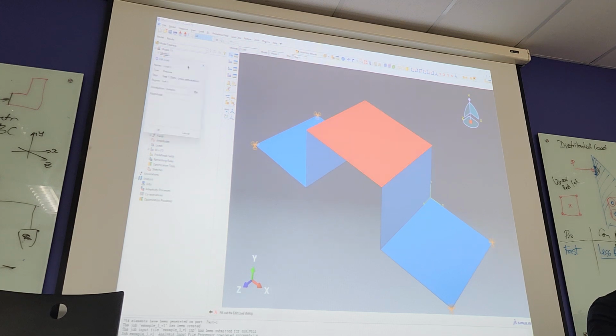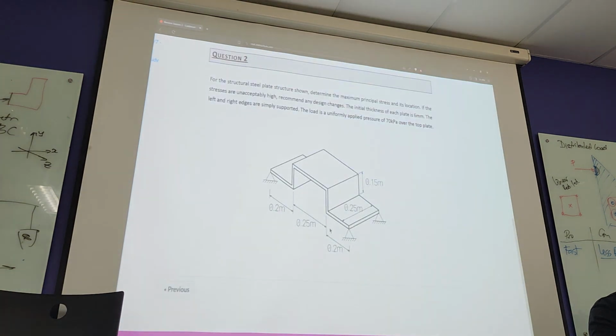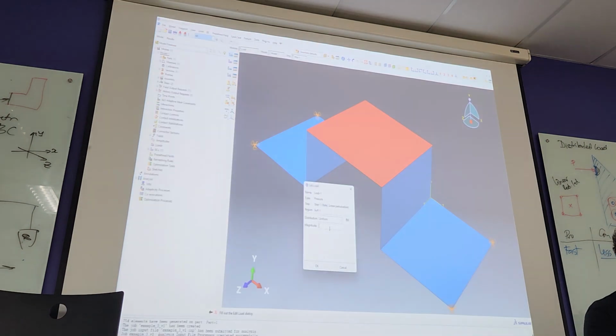Yeah, and it says how much pressure. Okay, 70 kilopascals. What is that? Remember our lengths are in millimeters. So 70 kilopascals, how many megapascals is that?